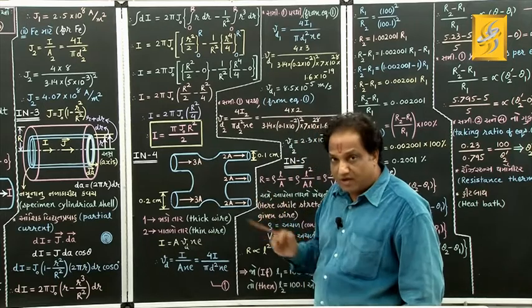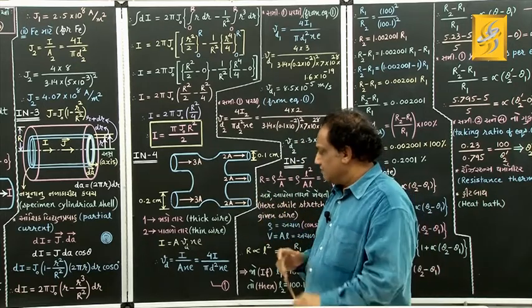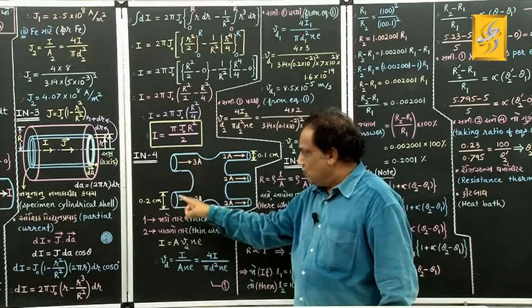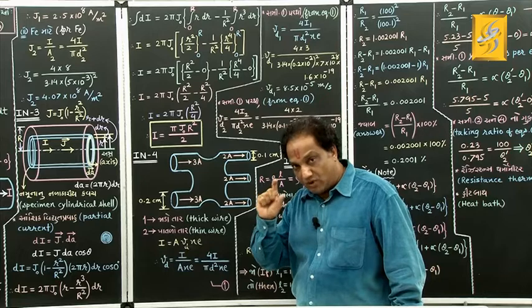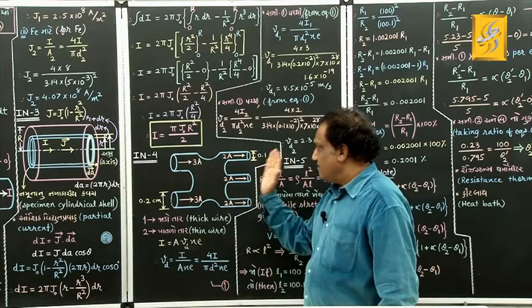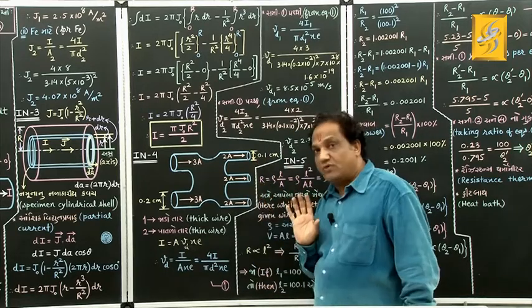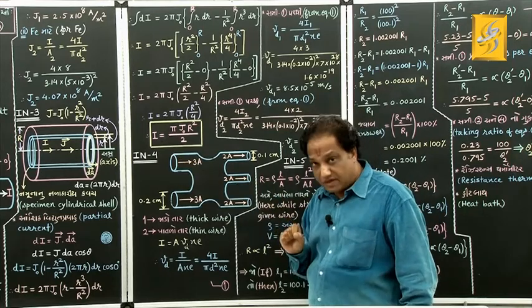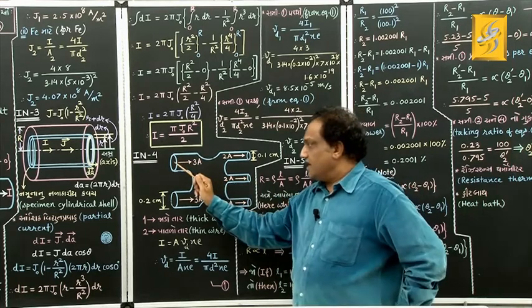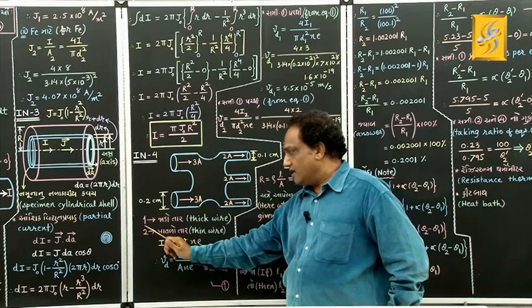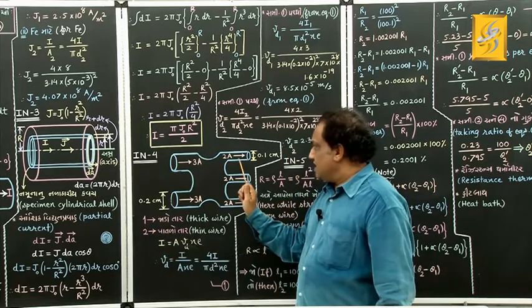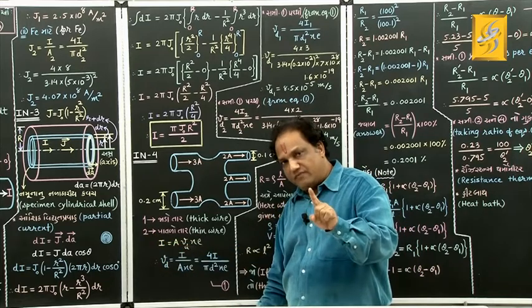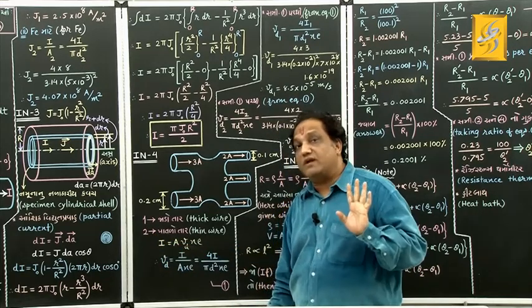That specific shape I have shown in the figure, in which on the left side we find two wires of same cross sectional area. On the right side we find three wires of same cross sectional area. Compared to this wire, you can see this wire is rather thicker, and that's why that thick wire I just indicate by symbol 1, that is first wire, and this thin wire I just indicate by symbol 2, that is second wire. Okay? Thick wire we take wire number 1, thin wire we take wire number 2.